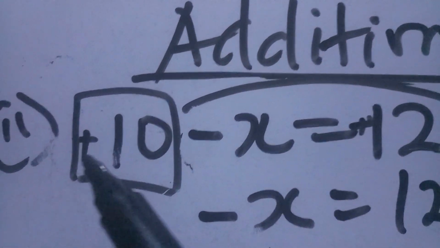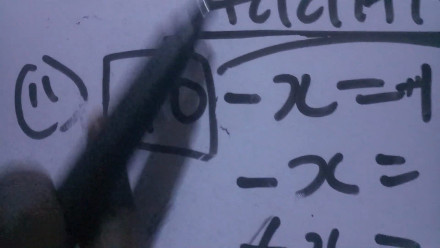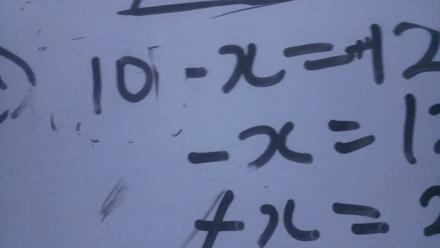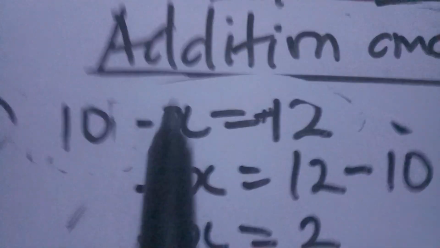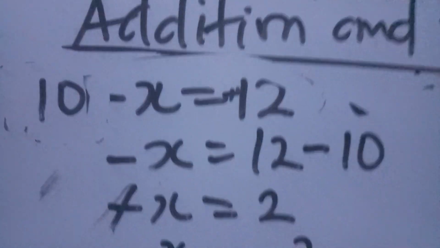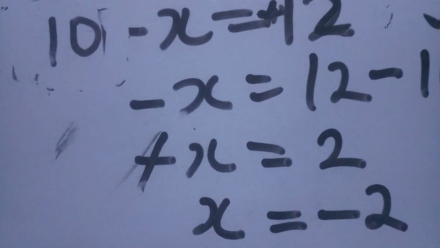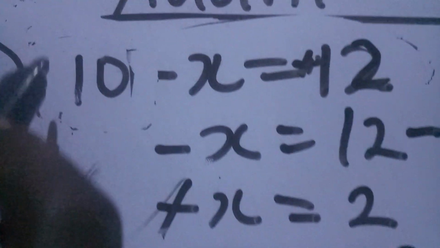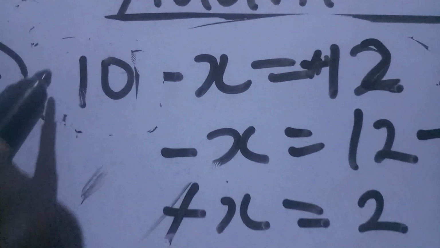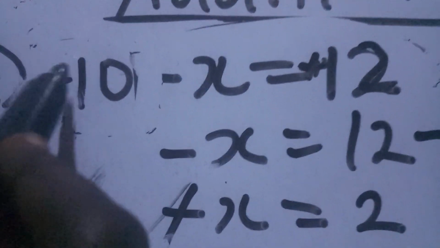Again, let me recap. The original question was 10 minus x is equal to 12. So we are transferring this figure, which has an invisible plus.